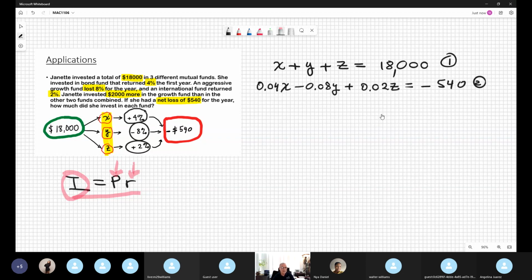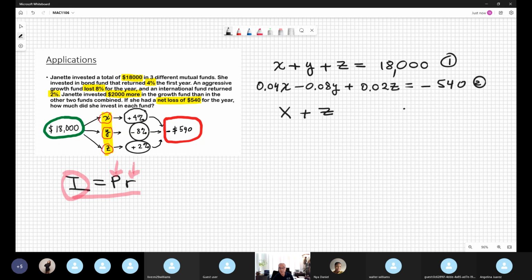Equation, which is the last sentence, that Janet invested 200 more. 200 more indicates 200 plus, no? Okay, suppose X is the money that she deposited in the bond fund, it's the first account, plus C is the money that she deposited in the international fund.